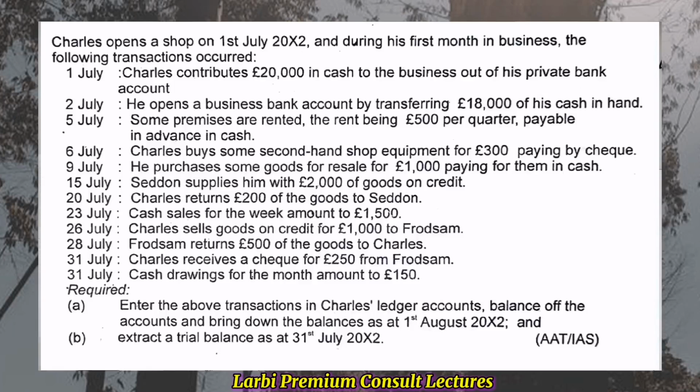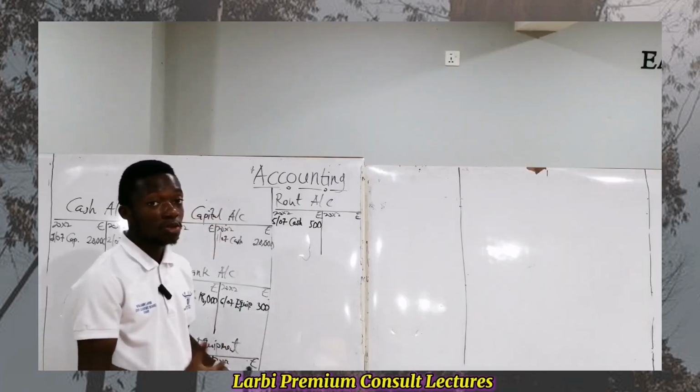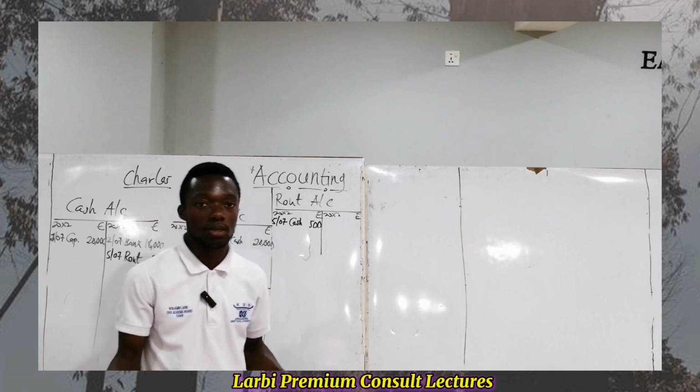Then the next transaction, July 9, he purchased some goods for resale for 1,000 euros, paying for them in cash. So goods for resale, any goods bought for resale is called what? Purchases.